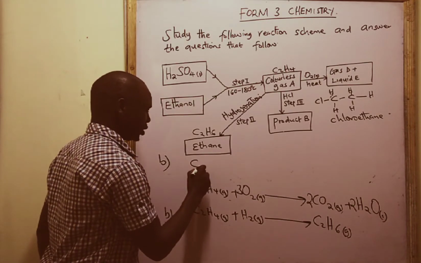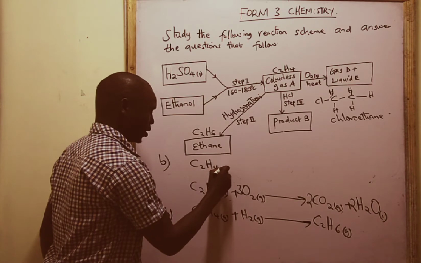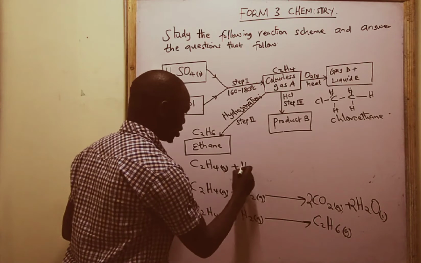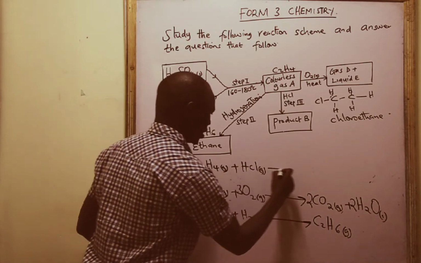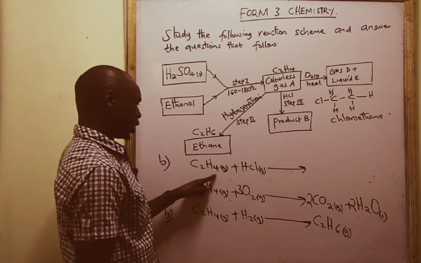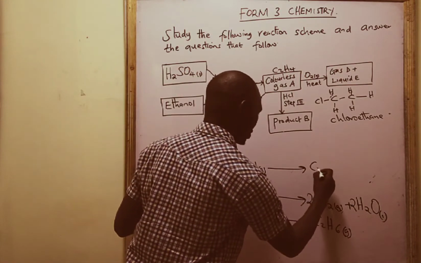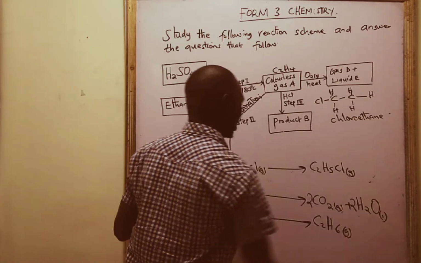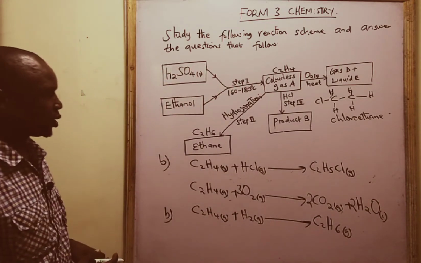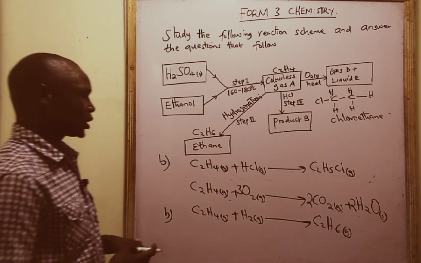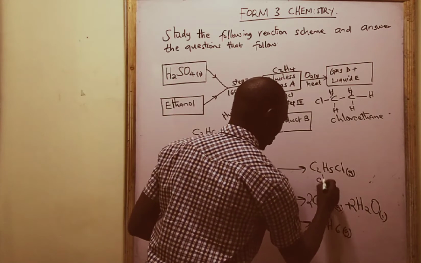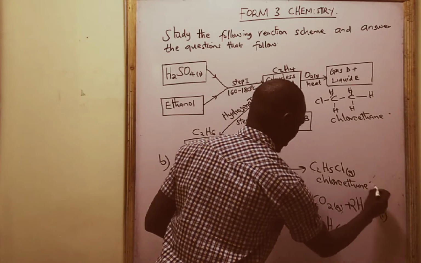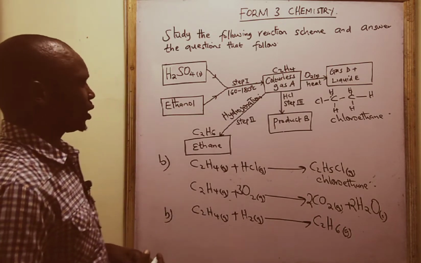And product B is formed from ethene gas. We add the hydrogen chloride gas, and if this one hydrogen comes here, we are going to have C2H5Cl, and by so doing we have done that particular part, and this is product B, which is chloroethane, which is 1 chloroethane.